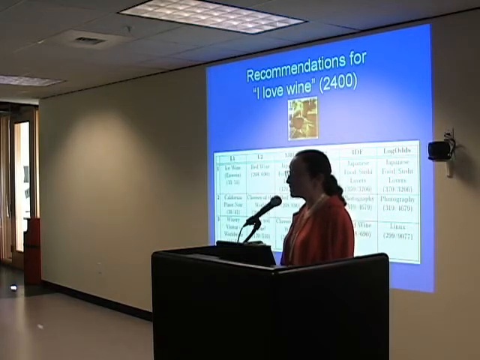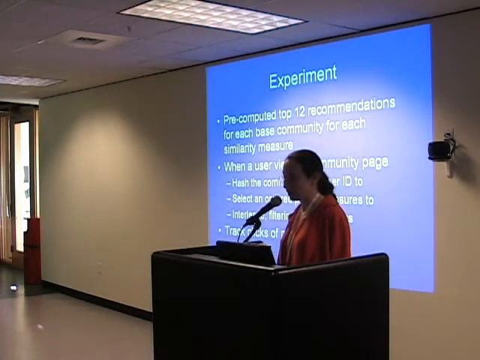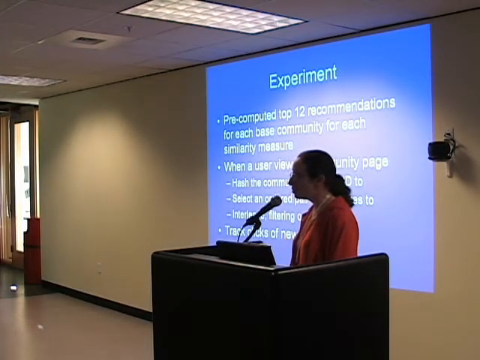And of course, the only way to find out is to do an empirical test, see which users prefer. So for an experiment, we pre-computed the top 12 recommendations for each of the 6 similarity measures.